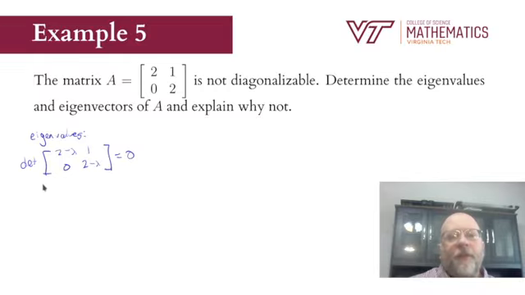But this determinant is 2 minus lambda times 2 minus lambda minus 0, because the other diagonal is 0. And we only get one eigenvalue. Lambda is equal to 2.